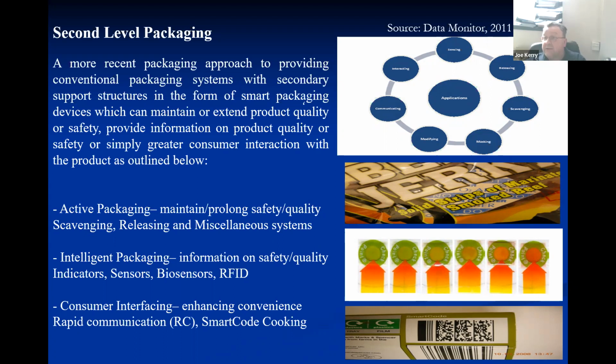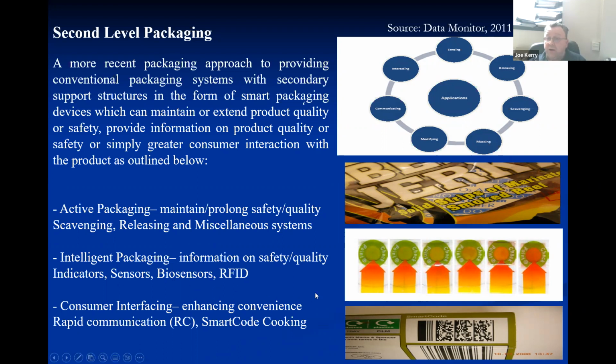In this case, that's the reason for using the oxygen scavenger. And again, these technologies are useful insofar as if you apply them, you can influence the shelf life of the product. So they interact with the product, they interact with the internal environment of the pack, and hopefully enhance the shelf life of the product.